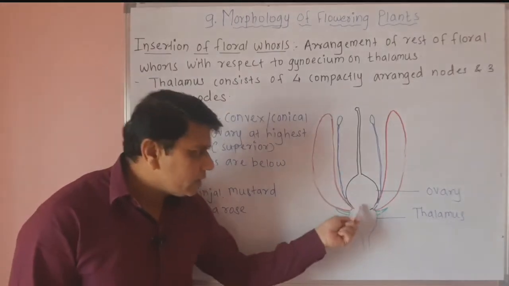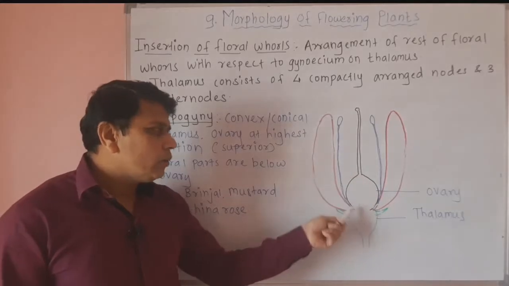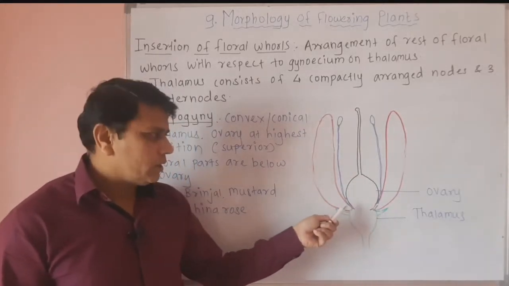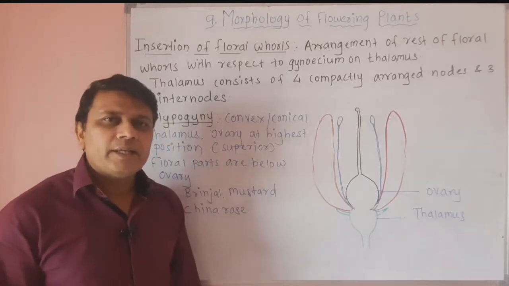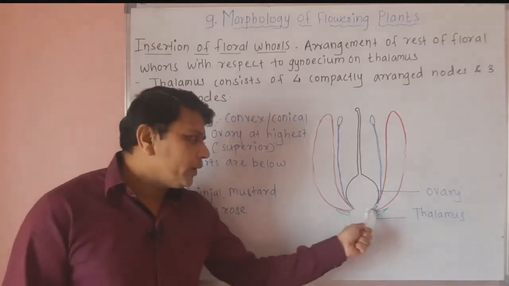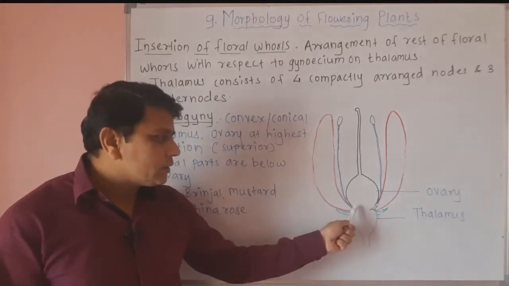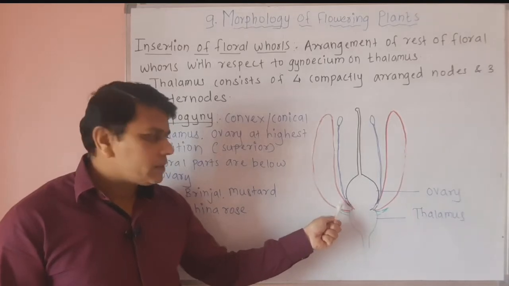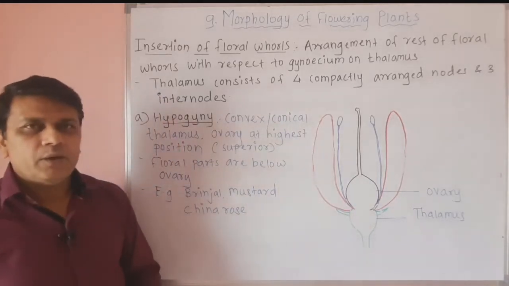So, here we can see that the ovary of the gynoecium is at the highest position and such ovary is called as superior ovary, and from the lower side of the ovary on the thalamus, the stamens or androecium, then petals and sepals are developed.